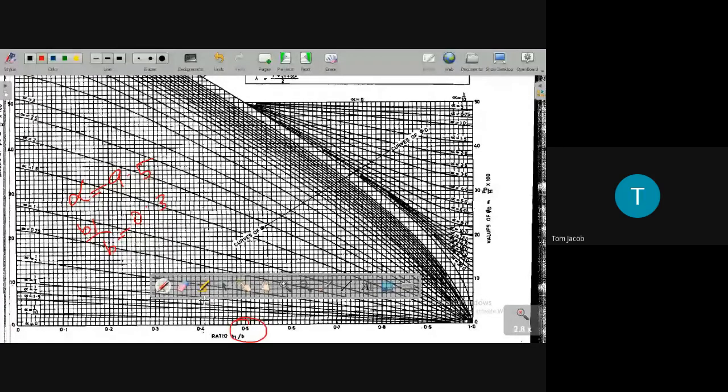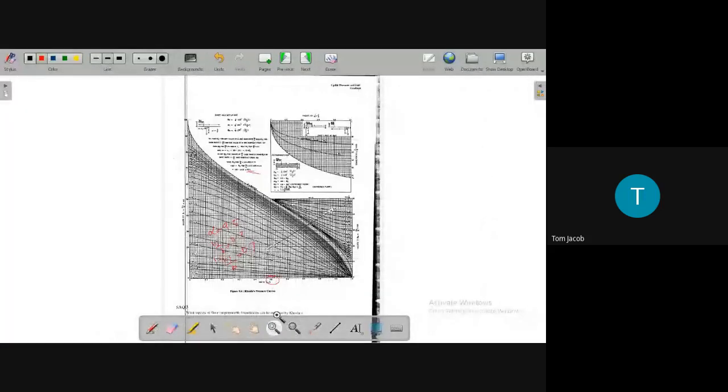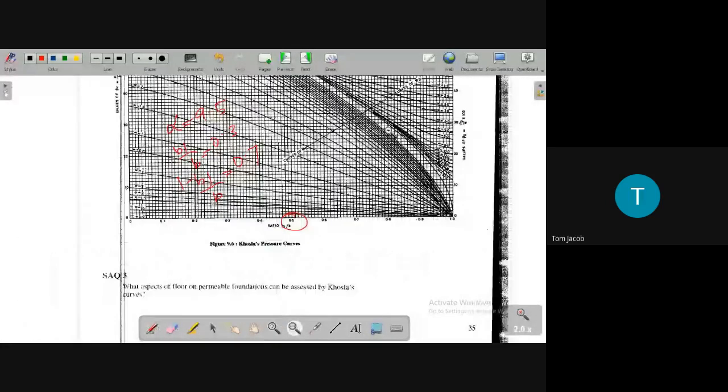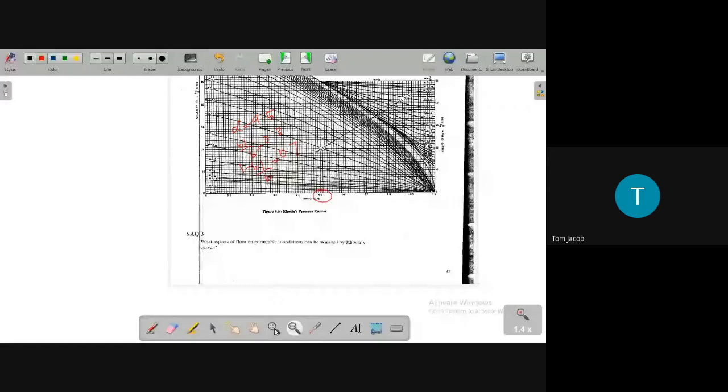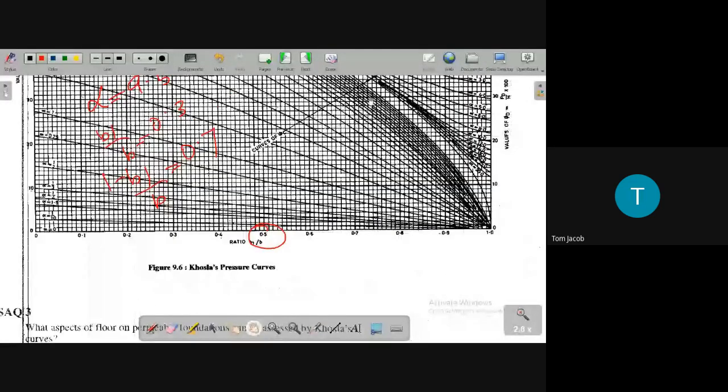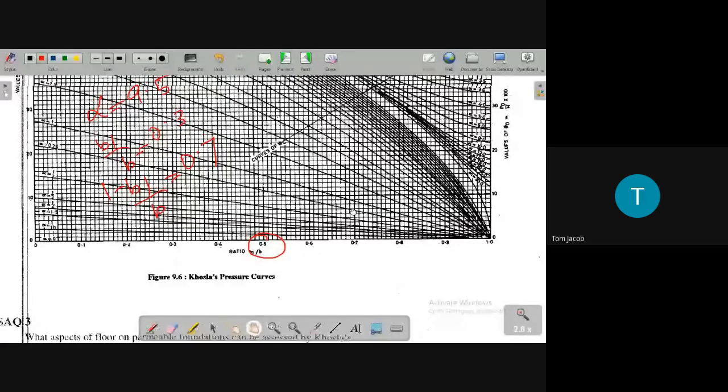Hence, we have to take 1 minus B1 by B, that is equal to 0.7. So draw a vertical line corresponding to B1 by B equal to 0.7.